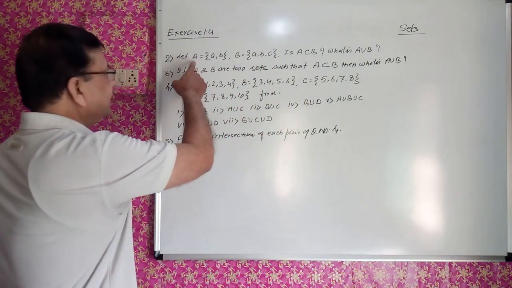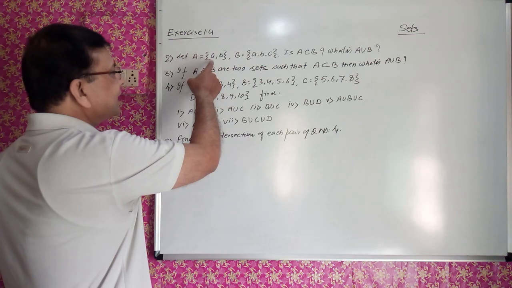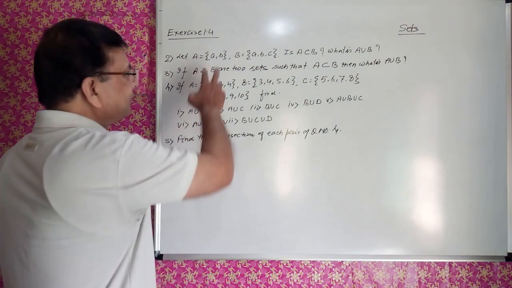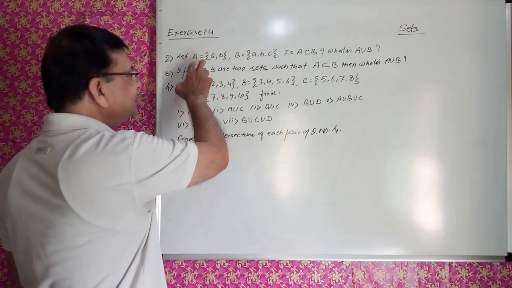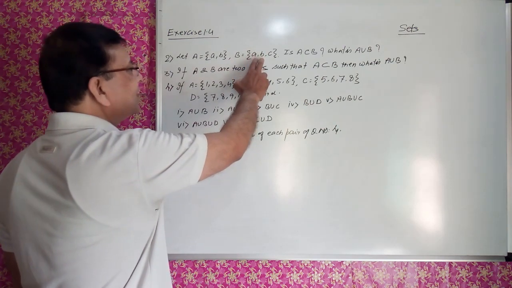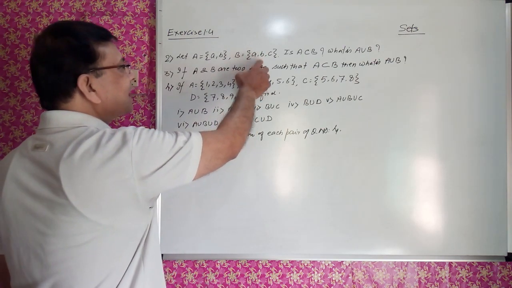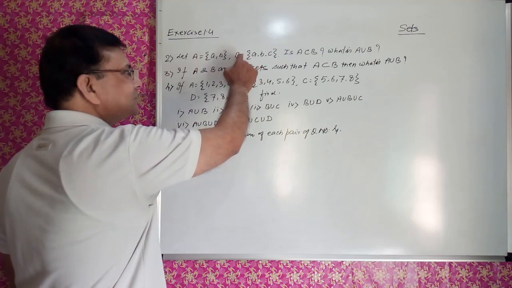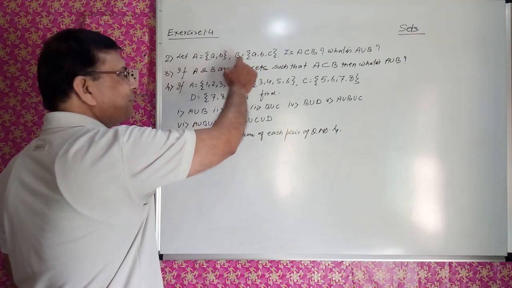See, A is the set where the elements are a and b, and both the elements of this set are in B. Therefore B means I am talking about this capital B set, not the small b.